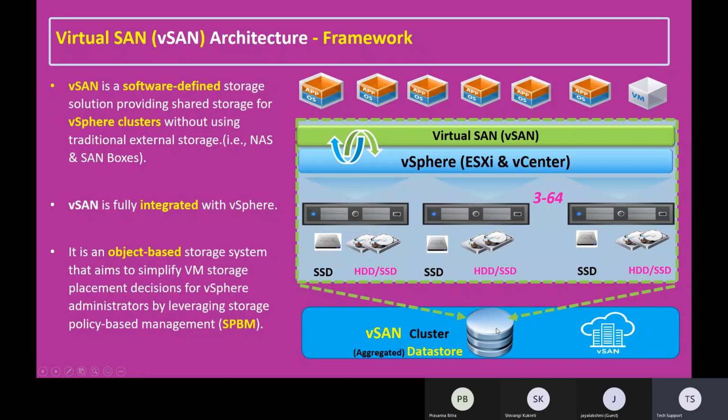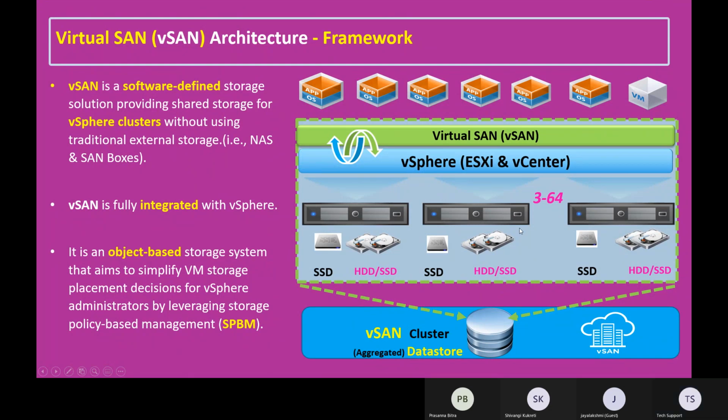Okay. So now on the left portion, we can try to understand the description points. Virtual SAN is a software-defined storage solution providing shared storage for vSphere clusters. So it's providing shared storage for a vSphere cluster without using traditional external storage. Traditional external storage means a NAS box or SAN box, which we don't need.